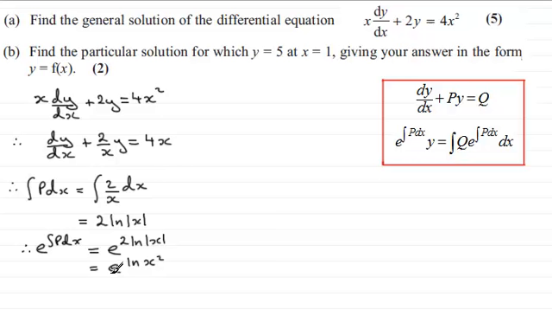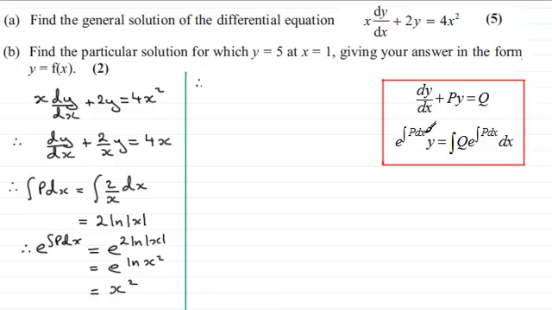And whenever you've got e to a natural log, you always get back what it is that it's operating on, in this case x squared, so this is equal to x squared. This tends to happen quite a lot in questions like this, so you should be familiar with that one as well.